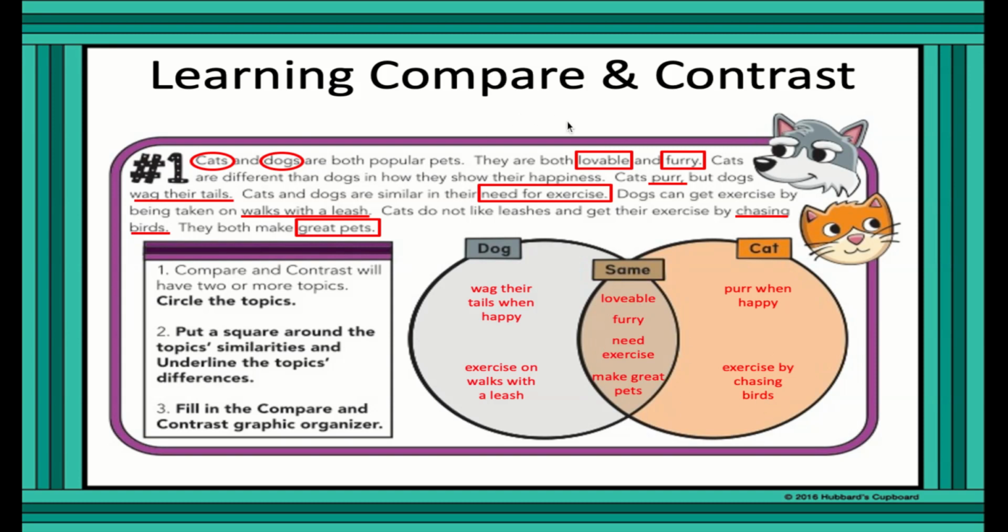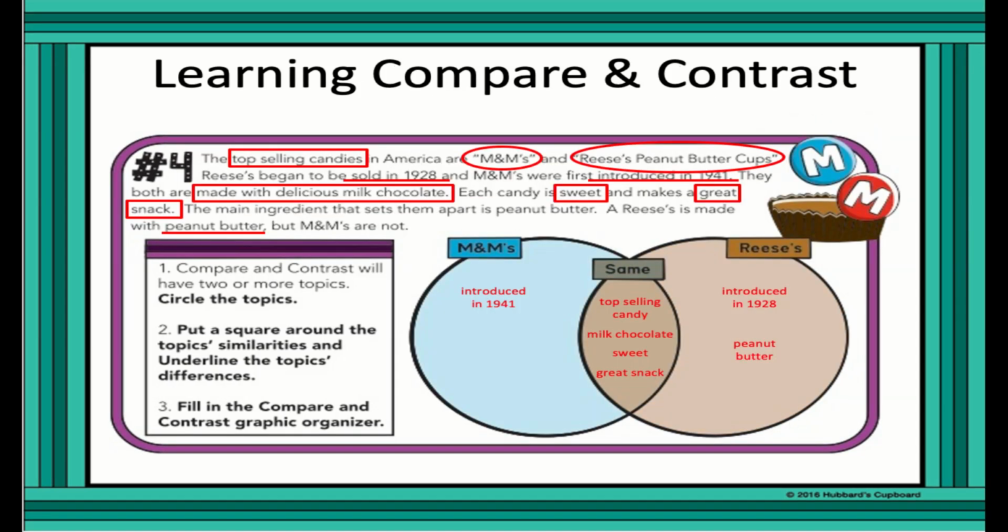So as you can see, they put squares around lovable, furry, have exercise, make great pets. Those all go in the same. But differences that we underline, dogs wag their tails, they exercise on a leash, cats purr, and they exercise by chasing birds. So this last example, we are comparing M&Ms to Reese's Peanut Butter Cups.